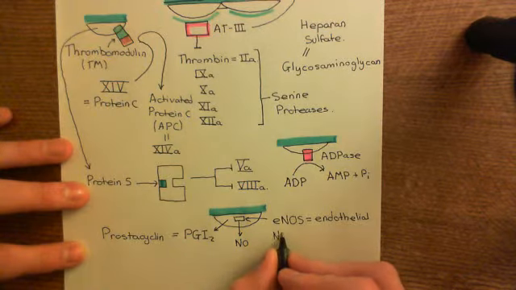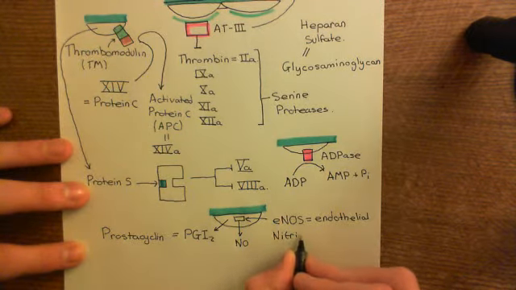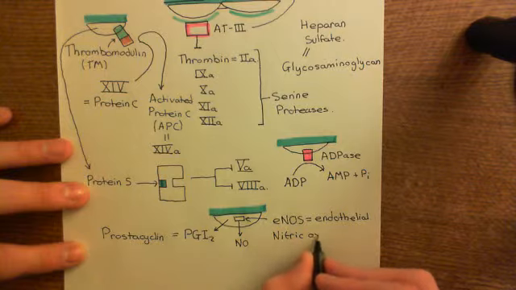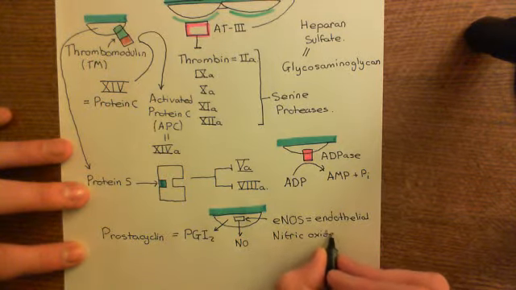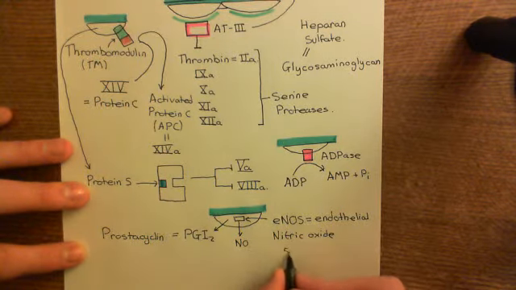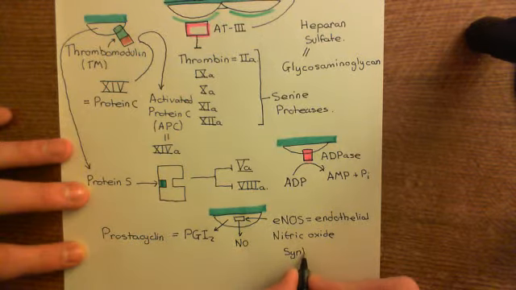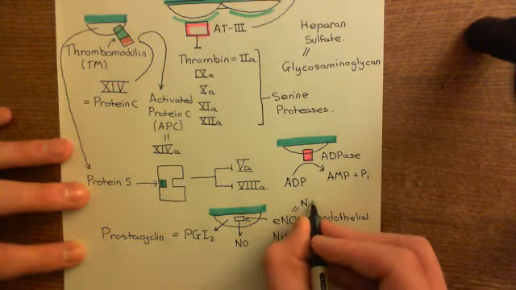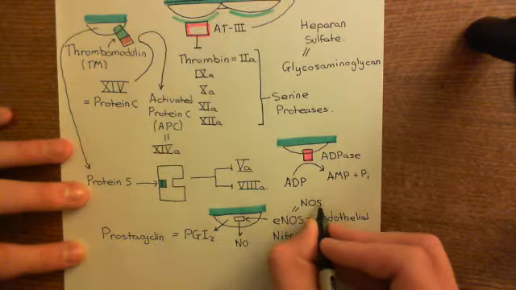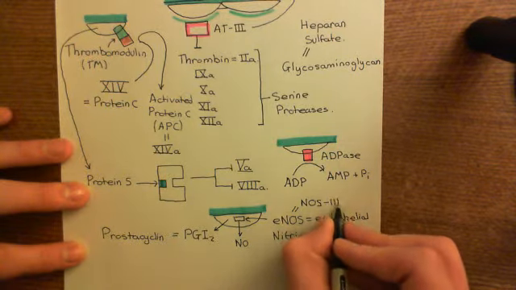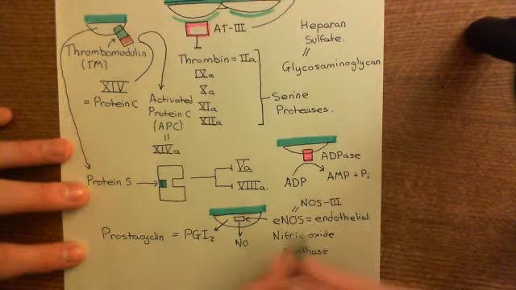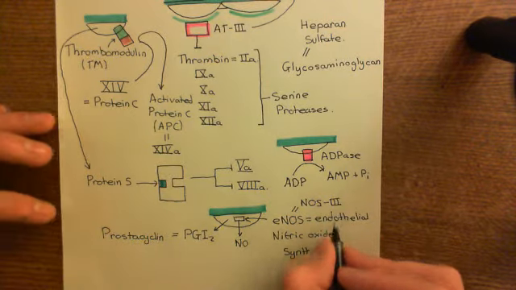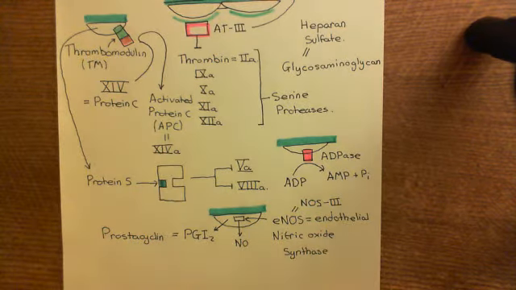Now, the more correct name for eNOS is NOS3, because you find this enzyme in other places in the body other than just endothelial cells. So its more proper name is NOS3, so that you don't risk attributing it to only the endothelial cells. Okay, right. So, nitric oxide and prostacyclin are being produced.